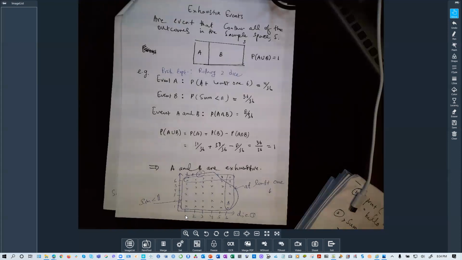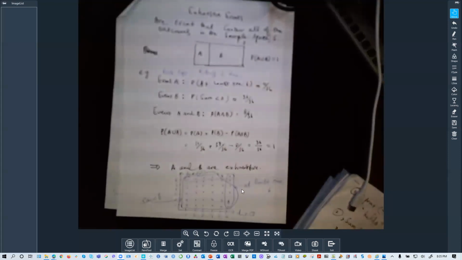So 2 plus 6 is 8, 3 plus 6 is 9, 4 plus 6 is 10, 5 plus 6 is 11, which should not be included. So 5 plus 6 taken out, 6 plus 5, and 6 plus 6, these 3 were taken out.